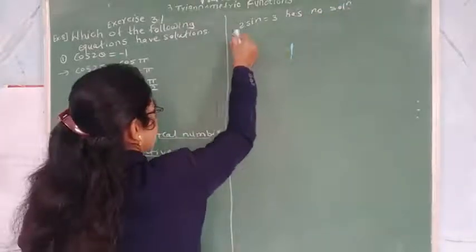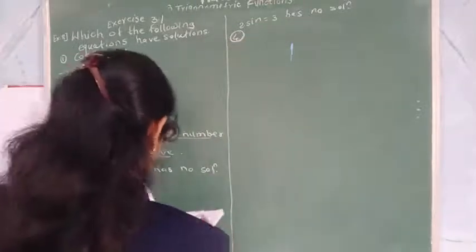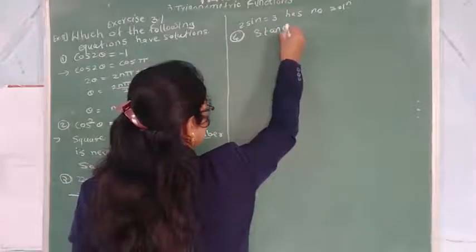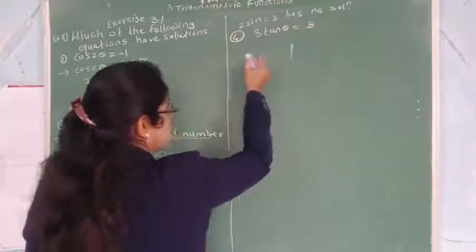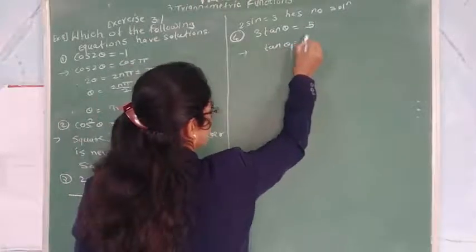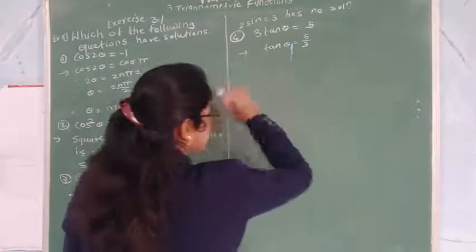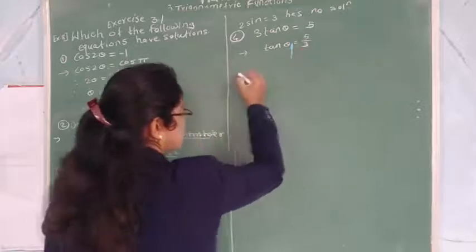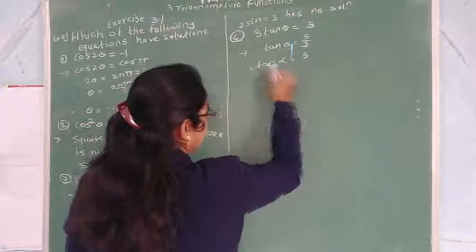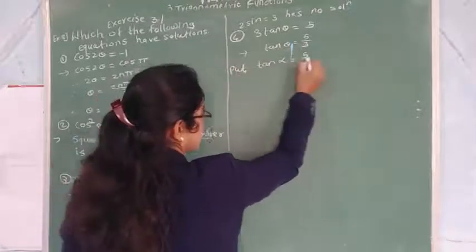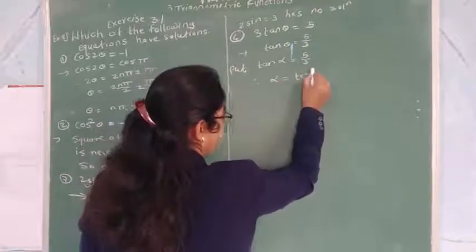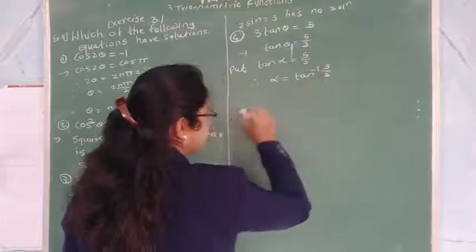Now the last one is 3 tan theta is equal to 5. So tan theta is equal to 5 divided by 3. We can replace this 5 divided by 3 by tan alpha. Put tan alpha is equal to 5 by 3, so alpha is equal to tan inverse of 5 by 3.